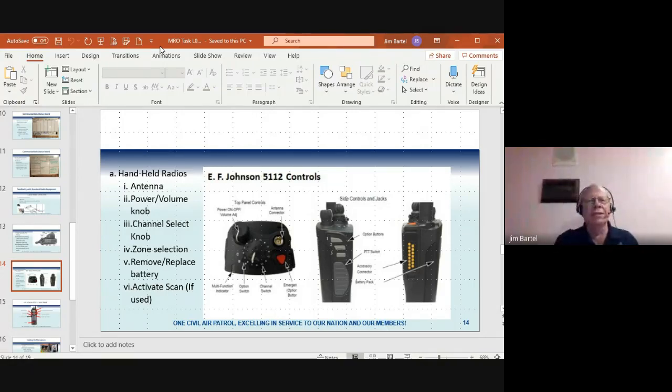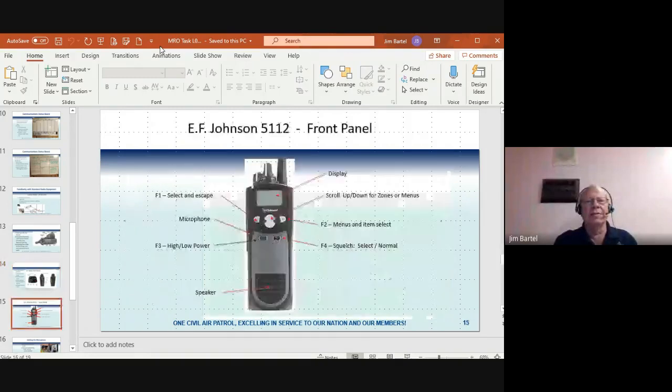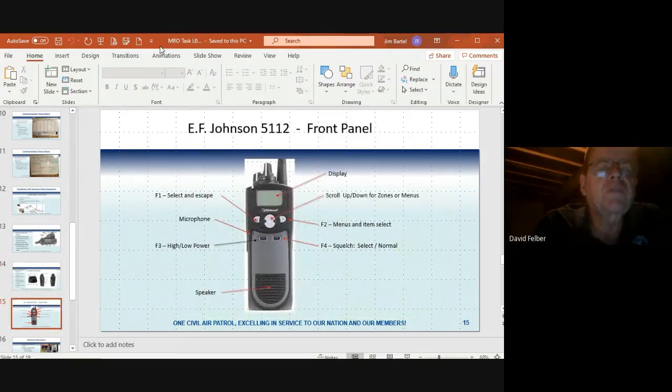Okay, let's see. Front panel view of the 5112. It shows you where the microphone is located. So when you speak, you might want to hold it where the microphone is near your mouth. Speaker's on the bottom. Here's where your display is, your scroll up and down for zones and menus, your squelch select, and your menus and items selected.